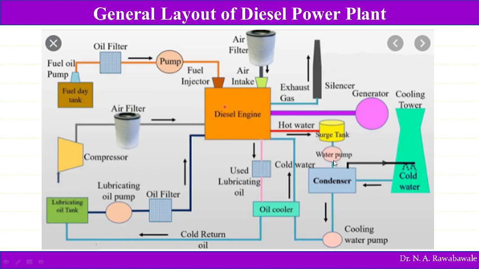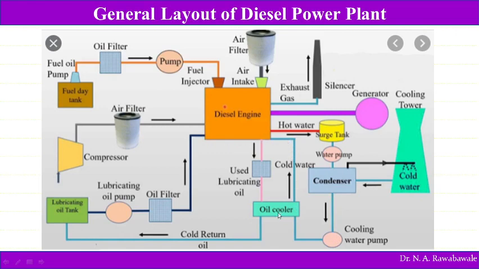So the water from the diesel engine gives its heat to the cooling water in the condenser, and this cooling water is passed into the cooling tower, where it is again cooled, and this cold water is recirculated into the condenser to carry out the heat rejected by the diesel engine. After rejecting its heat in the condenser, the water coming out of the diesel engine is cooled and again recirculated to the engine as well as the oil cooler.